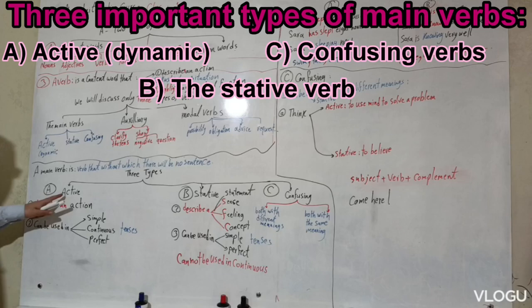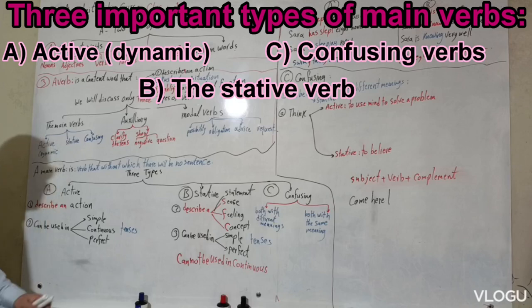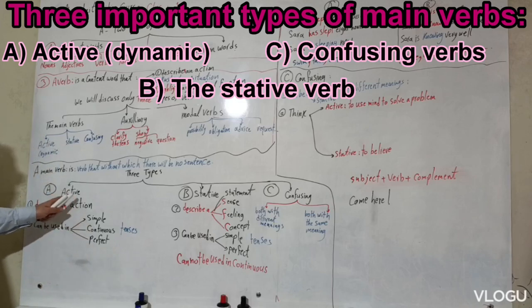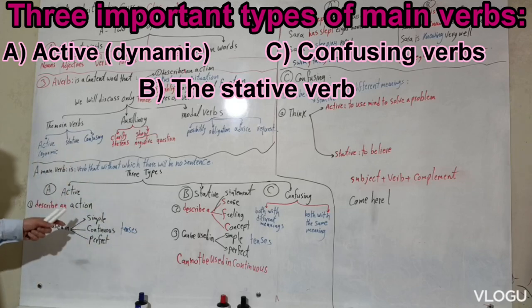Secondly, my friends, an active or dynamic verb can be used in simple tenses, continuous tenses, and perfect tenses. For example, we can use an active verb in the present simple, past simple, or future simple with will.